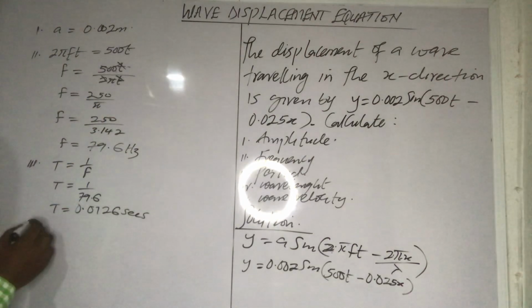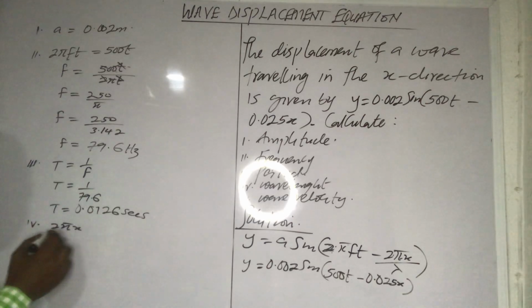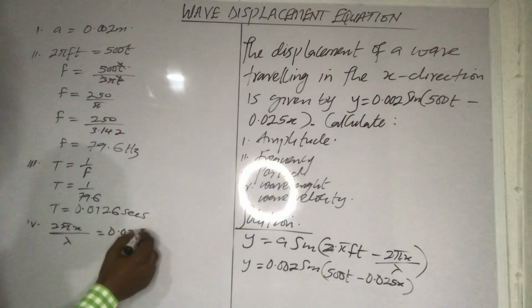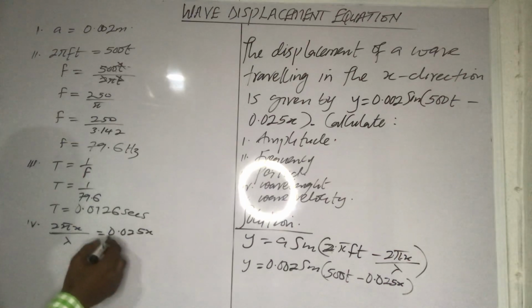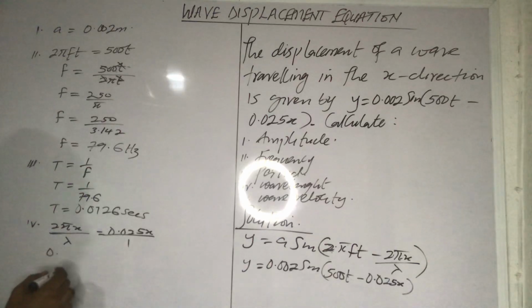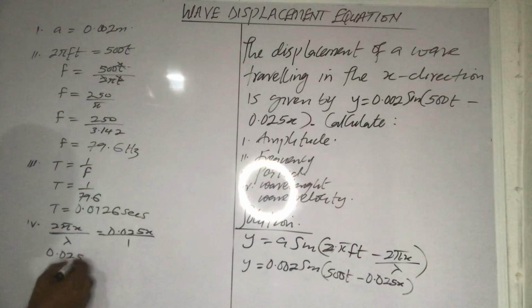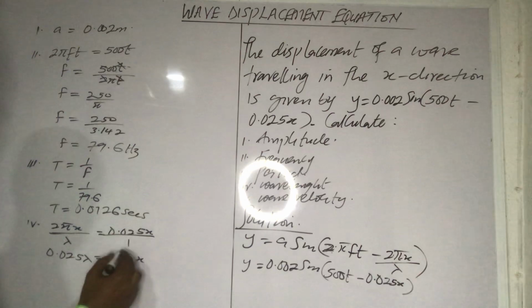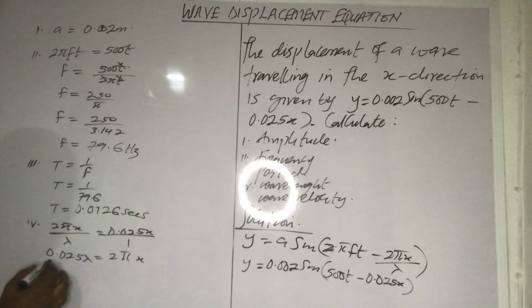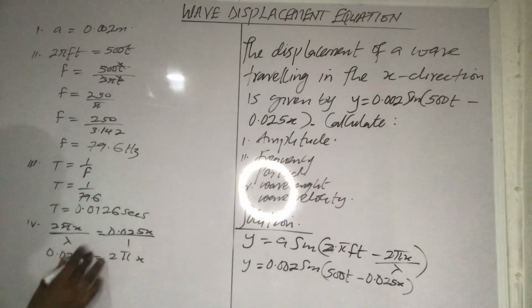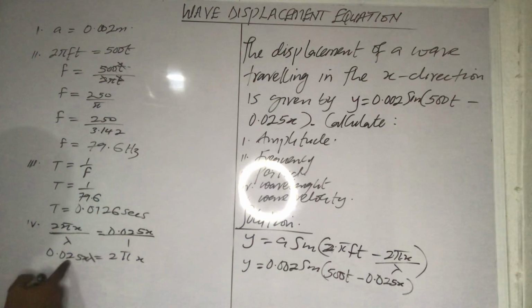Then to get my wavelength, I will compare this with this, which is lambda. In that case, I will have 2 pi x over lambda is equal to 0.025x. So if I cross multiply, I will have 0.025x lambda is equal to 2 pi x. Divide both sides by 0.025x.